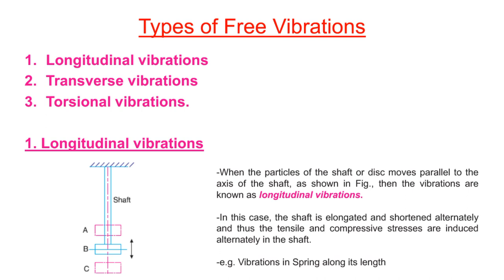Three main types of free vibrations are longitudinal, transverse and torsional. The next videos will be based on these three important types of free vibration. We will find the natural frequency of all these vibration types, and we will solve some problems based on that in further videos.